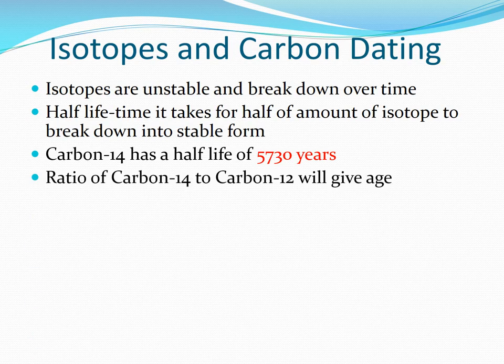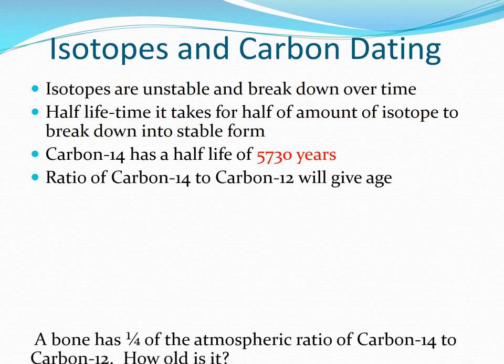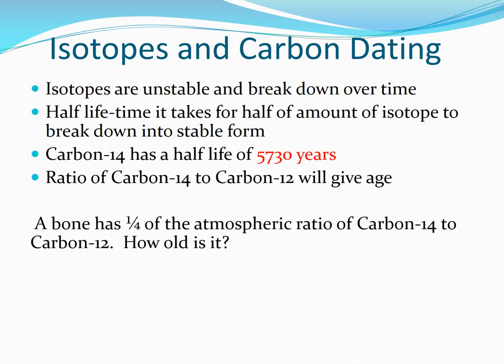Okay? So the ratio of carbon-14 to carbon-12, because there's so little of that carbon-14 around, but we still take a ratio of those two, will give us the age of an item. So if we have a bone or a piece of living material and we look at its absorption of carbon-14 from the atmosphere, in combination with the carbon-12, it will tell us how old something is.